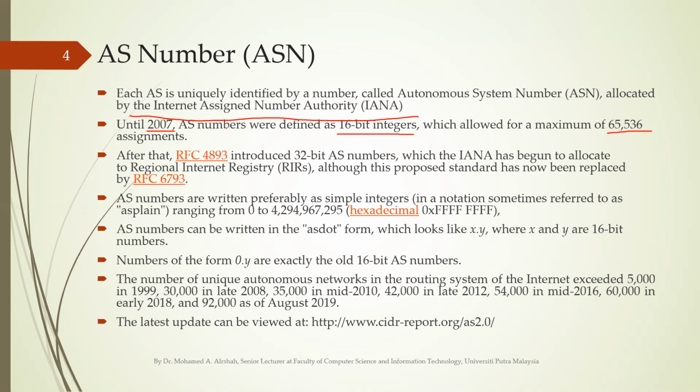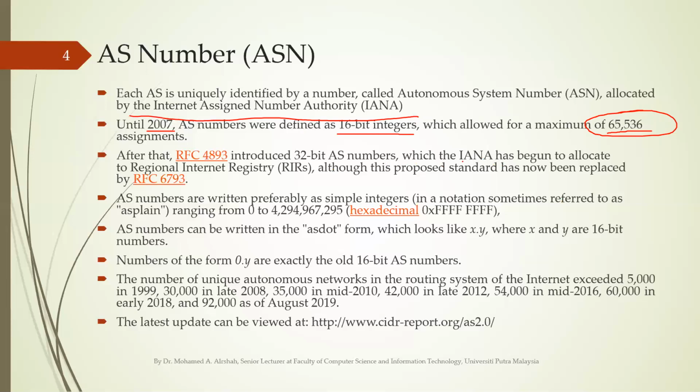This works for a while, but because this number is not enough anymore, after 2007 we have the RFC 4893. This one introduced the 32-bit autonomous system number to expand the ASN assignments to cover the huge number of networks or autonomous systems around the world.